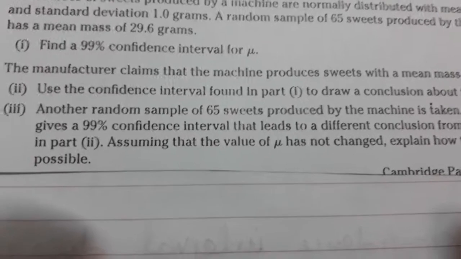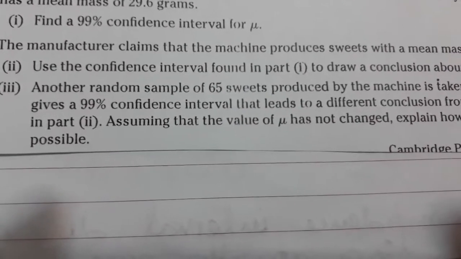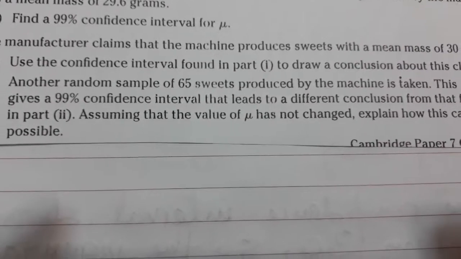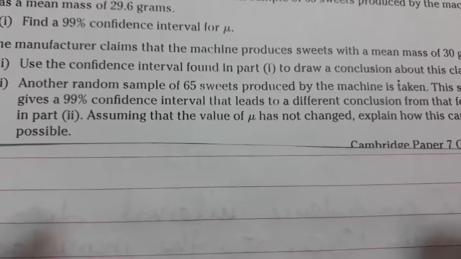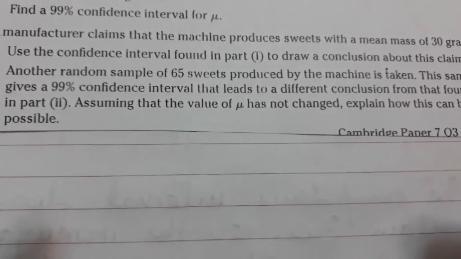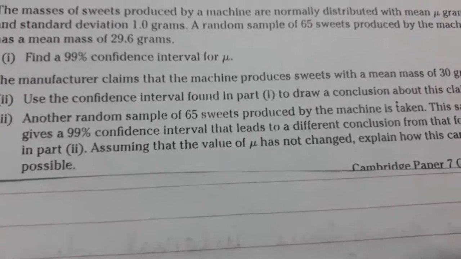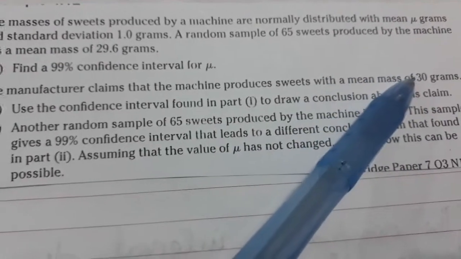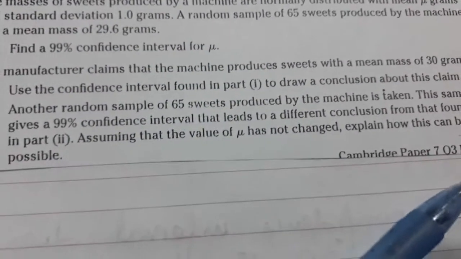Okay, so the last part of the question is saying that another sample of 65 sweets is taken, right? And after that a 99% confidence interval was calculated, and this time the conclusion is different. In part 2 we concluded that 30 does not lie in the interval, so the manufacturer's claim is not valid.